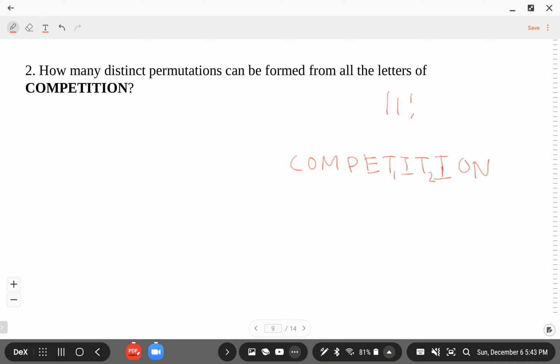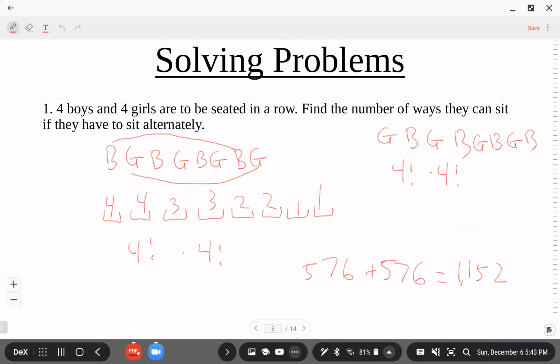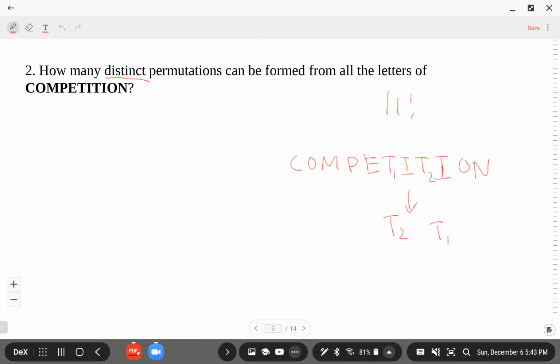So the second permutation for this would just be T1 and T2 switched, right? But we want distinct permutations. Remember what distinct means: these permutations can't be the same. Maybe we switch T2 and T1, but unlike our boys and girls, who are different, letters are the same.